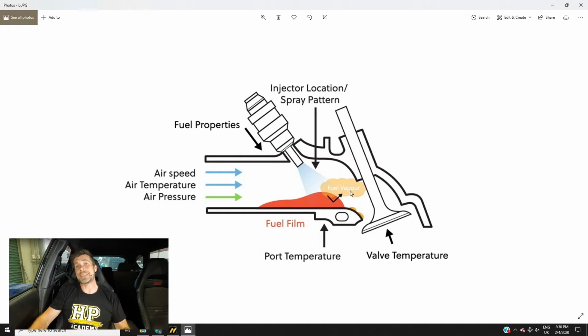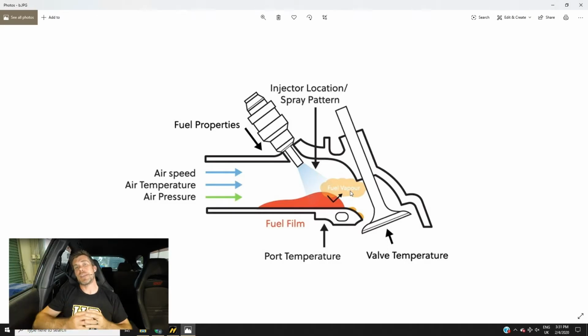So this is why we see a lean condition during tip-in, even when our fuel table or our VE table is correctly calibrated. Now we get exactly the opposite situation occurring when we tip out of the throttle. So we're now at high manifold pressure, wide open throttle, we're still at 2000 RPM, we take our foot out of the throttle, and what we find is as the manifold pressure decreases, we get the exact opposite effect.